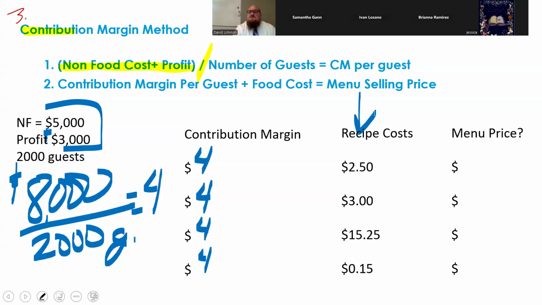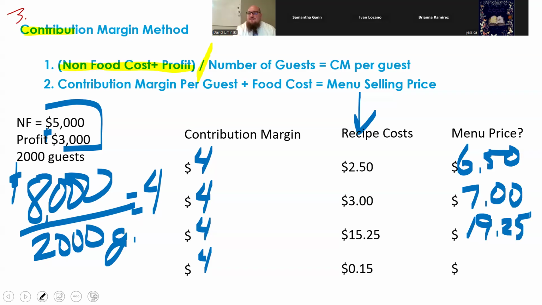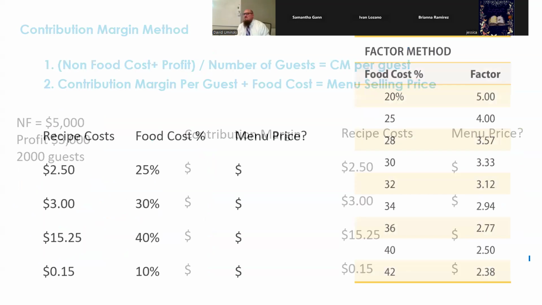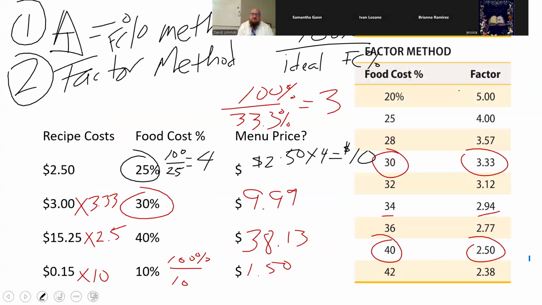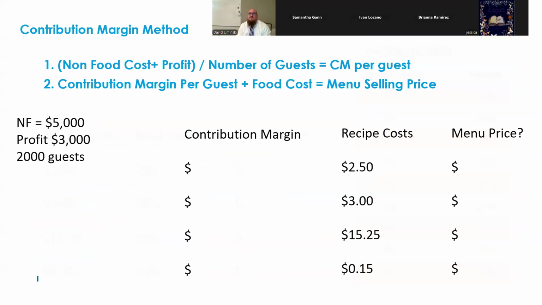So when we do that, $6.50, $7, $19.25, and $4.15. Okay. So looking at these numbers compared to these numbers, which two are the most drastic? 1, 2, 3, 4. Which ones are the most drastic?